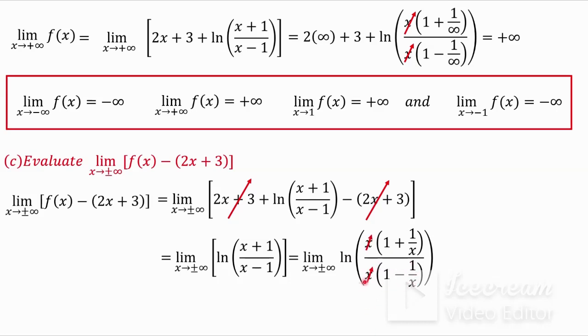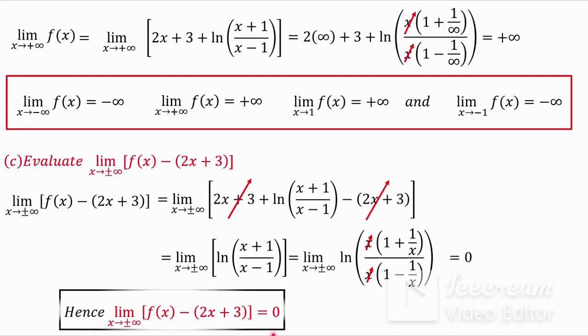These two x cancel, and as x tends to plus or minus infinity, 1 divided by x tends to 0, so we are left with ln of 1 divided by 1, and the ln of 1 is 0. We can therefore conclude that the limit as x tends to plus or minus infinity of f of x minus 2x plus 3 equals 0, which is what was asked in the C part of the question.